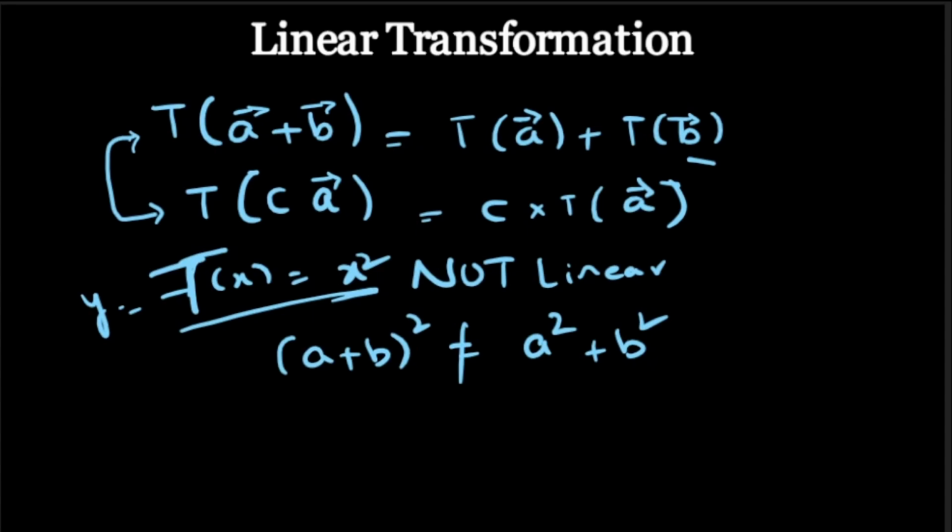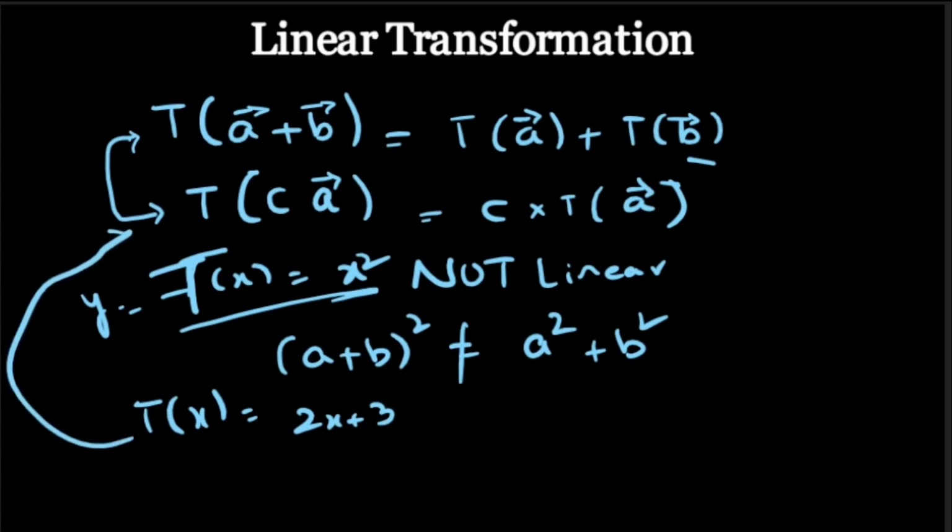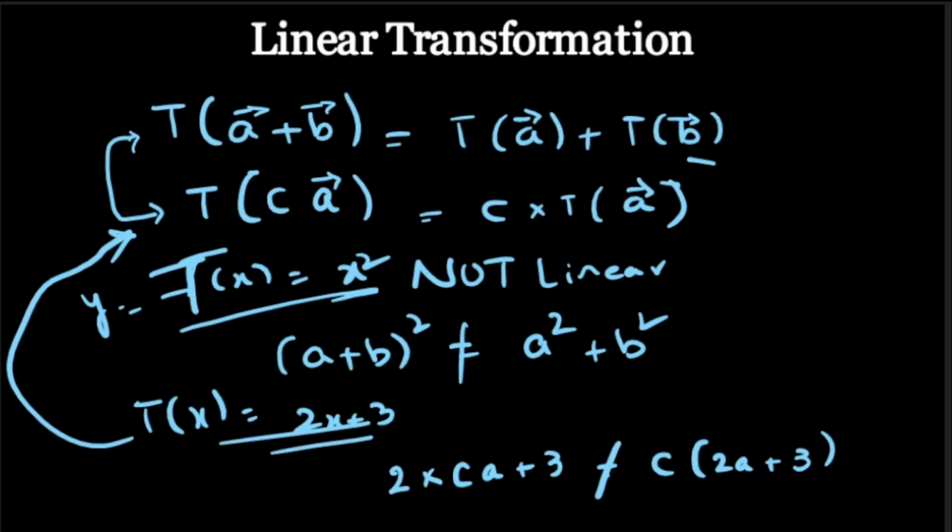Similarly, if we take another transformation, t of x is equal to 2x plus 3, and if I put this in the second condition, what this says is 2 into ca plus 3 should be equal to c into 2a plus 3, which is again not the case. Therefore, this transformation fails the second condition. So neither of these are linear transformations.